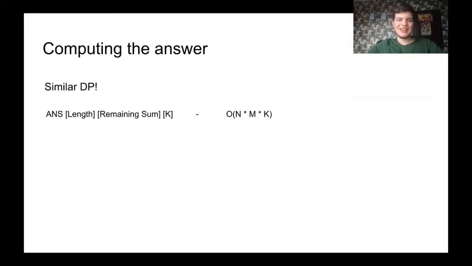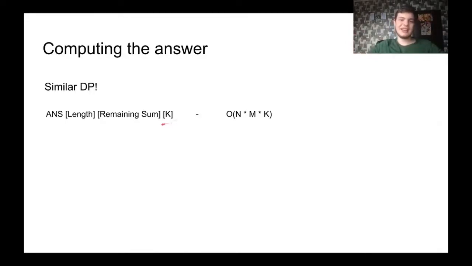So as I said, this DP will be quite similar. It will pretty much be the answer, which will be the sum of the f's over all possible hills which satisfy the constraints, like the length is fixed and the remaining sum is basically the current sum. And also we have this additional parameter k, which represents the power basically.